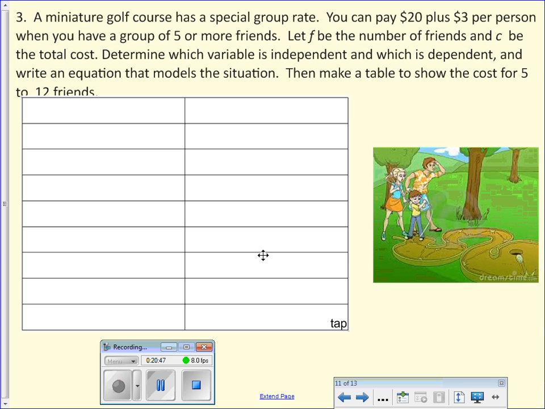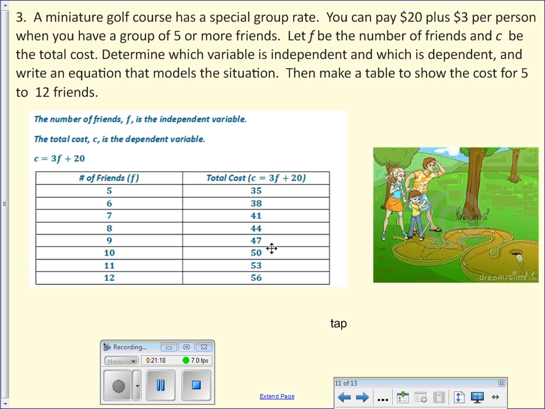A miniature golf course has a special group rate. You can play $20 plus $3 per person when you have a group of 5 or more friends. Let F be the number of friends and C be the total cost. Determine which variable is independent and which is dependent and write an equation that models the situation. Then make a table to show the cost for 5 to 12 friends.